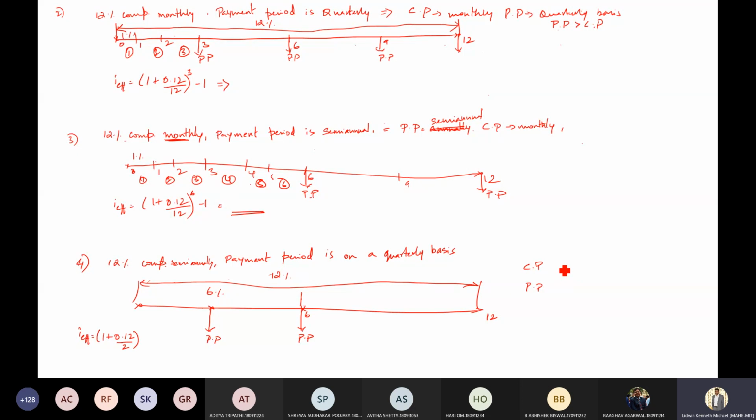So your compounding period is actually greater than your payment period, but you need to make the payment period equal to the compounding period. So how do you do that?